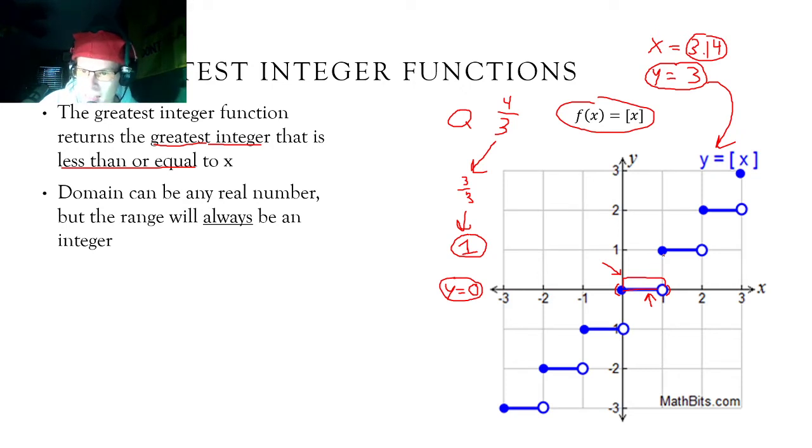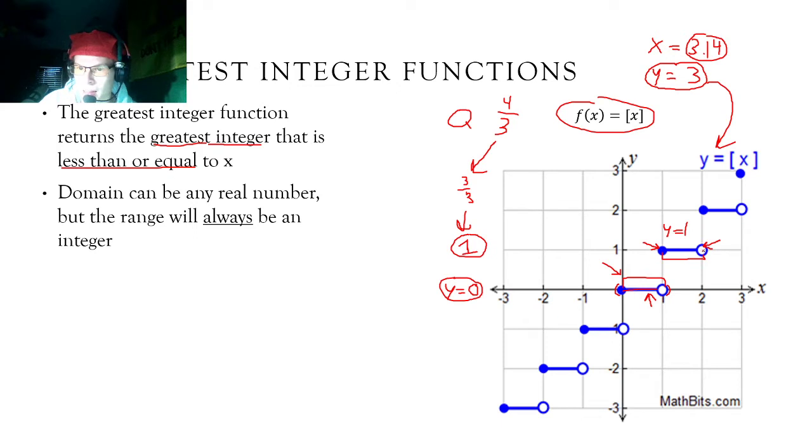So anytime it's between 1 and 2, you have y is equal to 1. Okay? Now notice here, you have a closed circle on the left side of your greatest integer function and an open circle on the right side. Why is that?